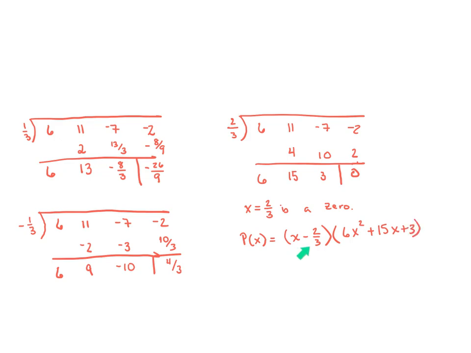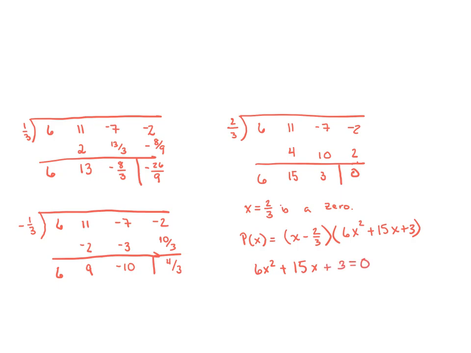Now, we know x minus 2/3 is a factor, so that gave us that 0. We now need to find the remaining zeros. So we can look at our depressed polynomial, 6x squared plus 15x plus 3. So let's look at 6x squared plus 15x plus 3 equals 0.